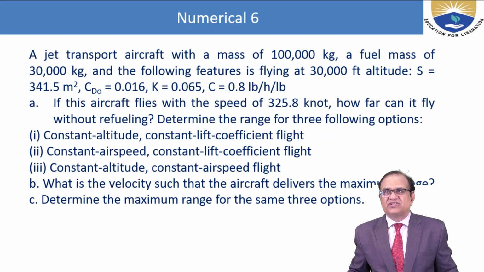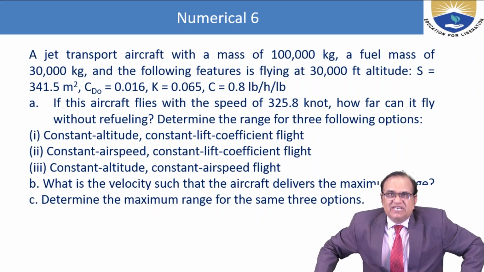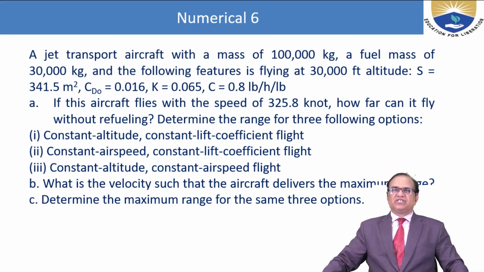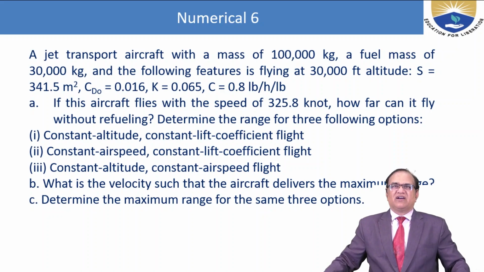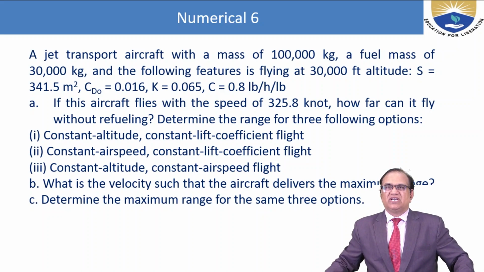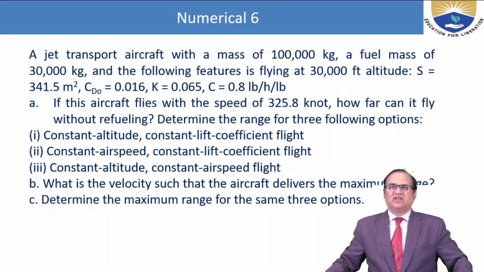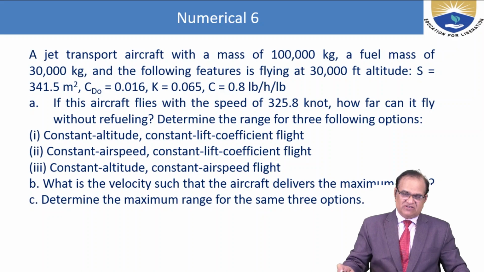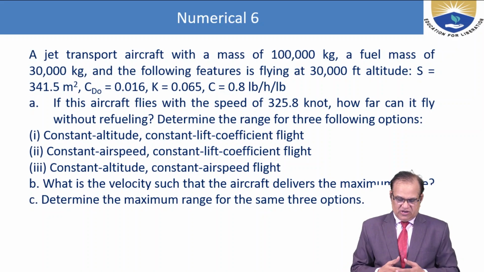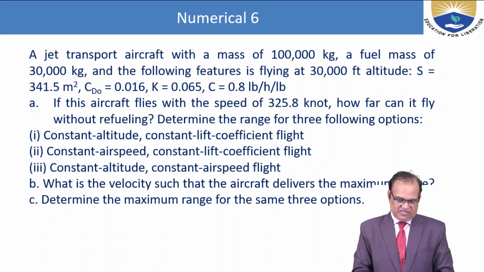Determine the range for the 3 following options. One is a constant altitude, constant lift coefficient flight, second is constant airspeed, constant lift coefficient flight, and third one is the constant altitude, constant airspeed flight.